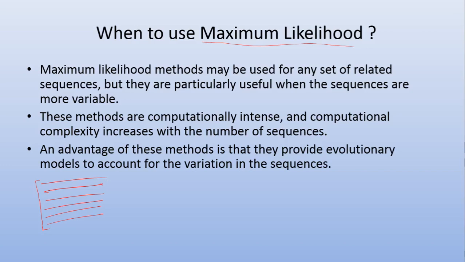You can get the results quite easily when a small number of variable sequences are provided as input. But the biggest advantage of this method is that it provides an evolutionary model to account for why there is variation among the sequences you have given. It would account for the variation present in your sequences.